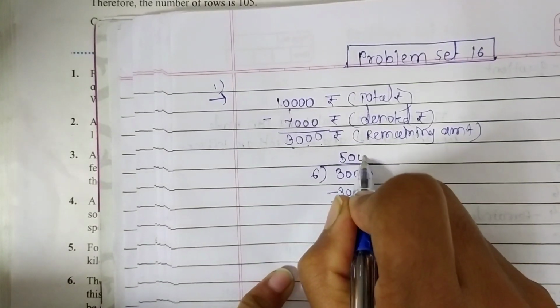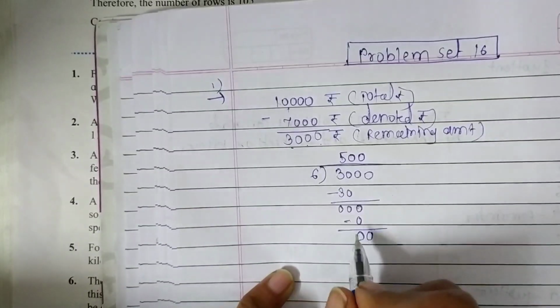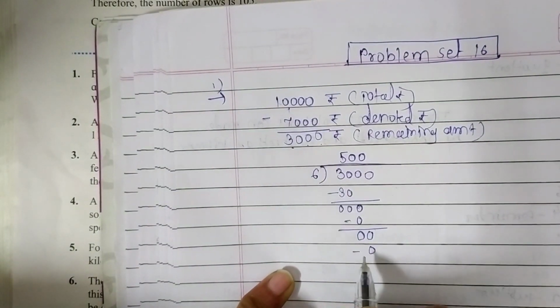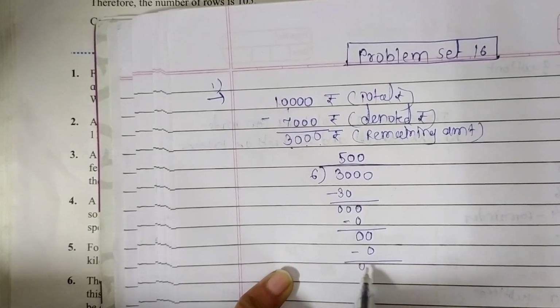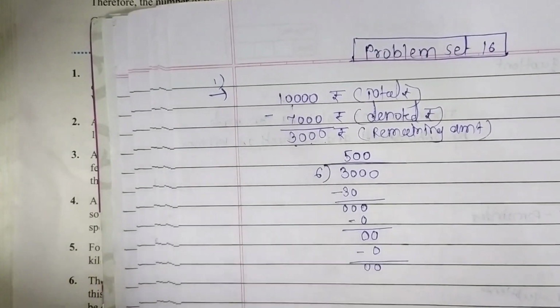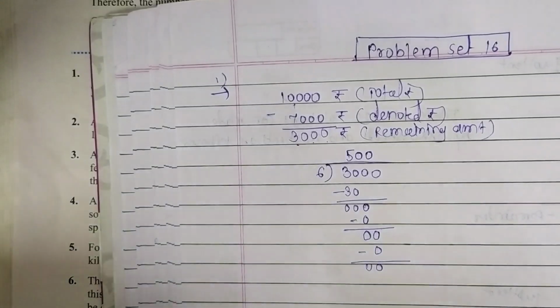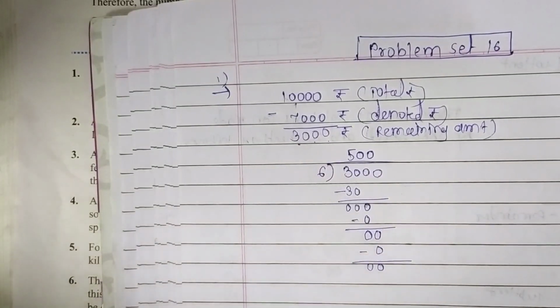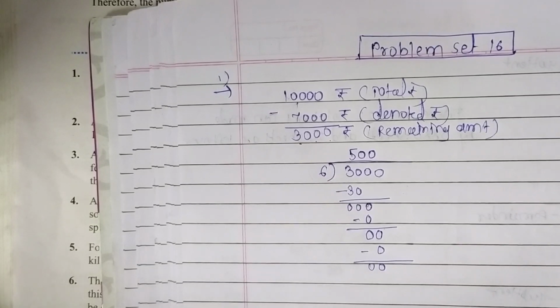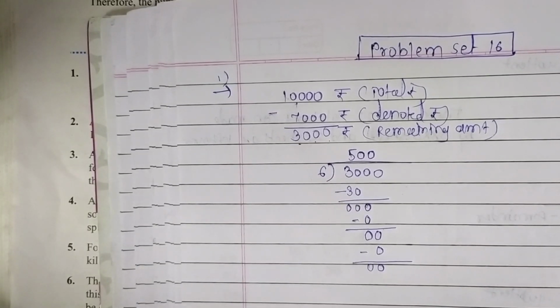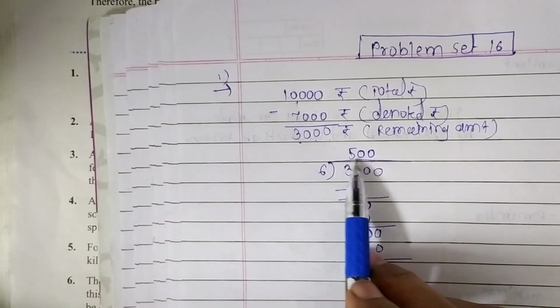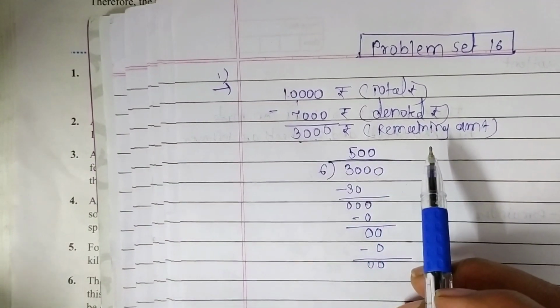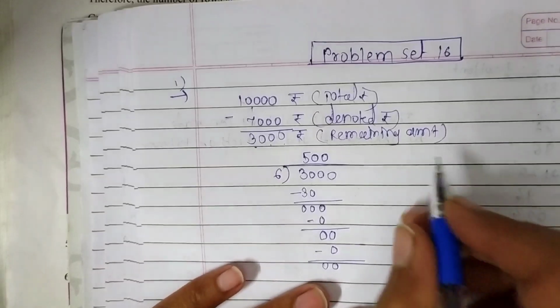Let's write here 0 and subtract 0 from 0. So the answer, or subtraction, is 0. So the amount of prize is 500 rupees. Just write it in words.